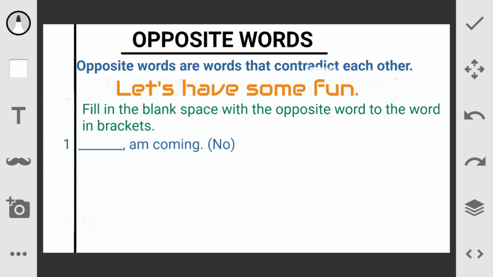Sentence number one: dash, comma, I'm coming. The word in brackets is no. So we are going to find the opposite word of no. What is the opposite word of no?